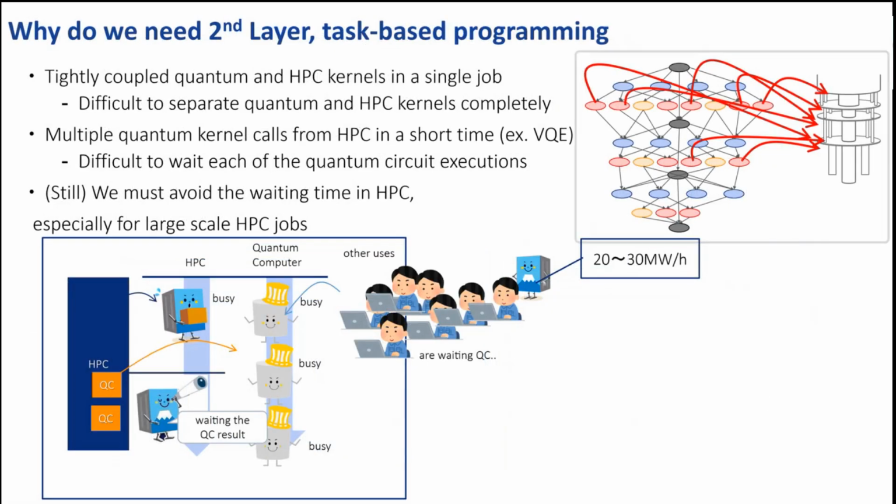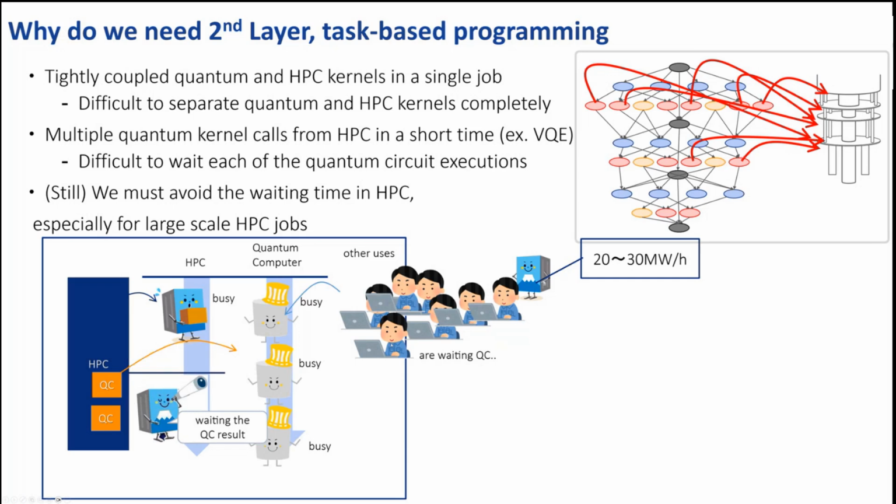For the second level, even if we ask our users to separate quantum and HPC kernels carefully, sometimes some of them are very tightly coupled, or each portion of the task is very small. In this case, the user may combine them in a single HPC job, and some parts will be offloaded directly from the supercomputer to quantum computers.